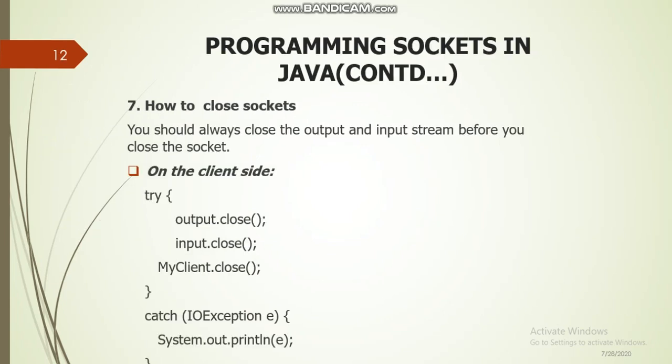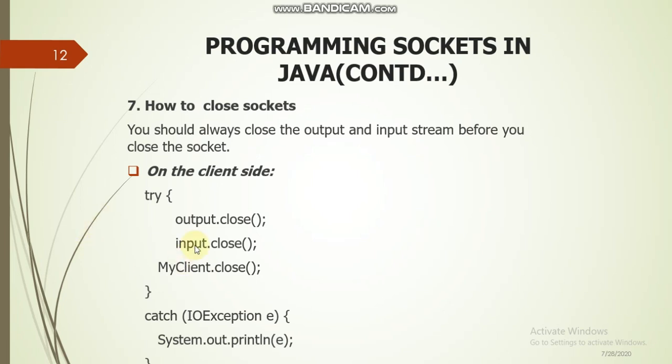Here, we need to know how to close sockets. Once we have opened sockets, we have to know how to close them. What we have to know before closing sockets is that we have to close our data output stream and data input stream before we close the socket.